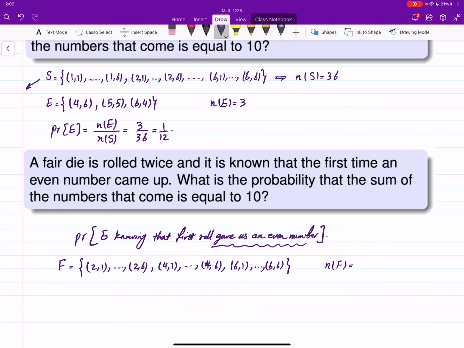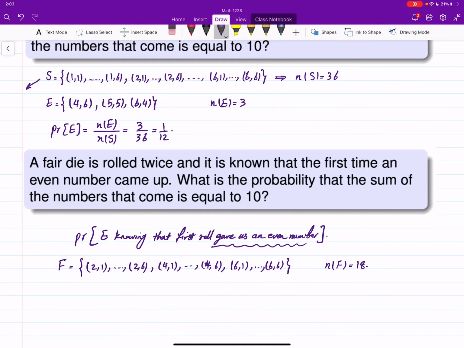If you look at the previous one, S, the probability of 1-1, knowing that we have the first one even, is not anymore 1 over 36, it's 0. We already know that 1-1 is not there at all. So n of F here is 18.